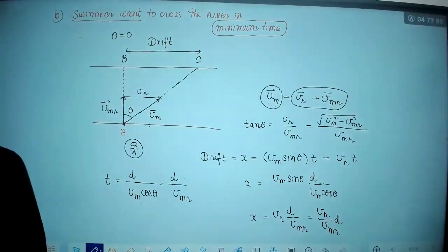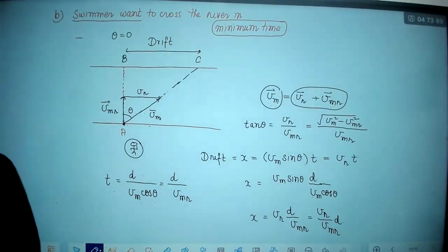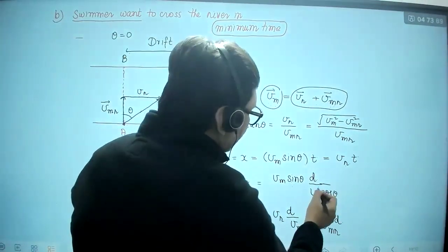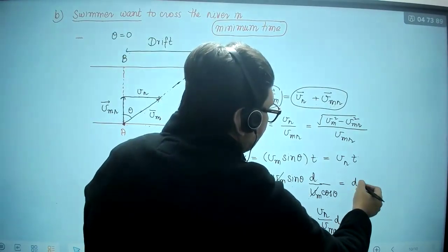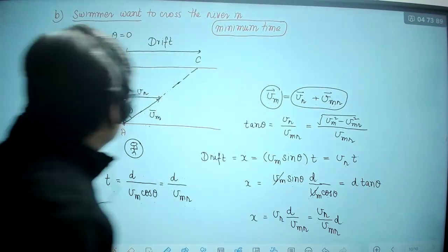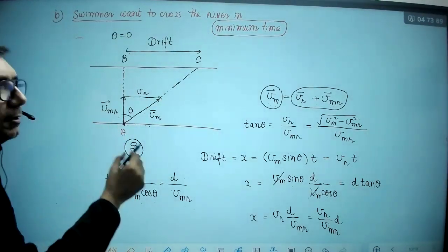This will be the drift. From here you can also find out this: Vm will cancel out and this will be d tan theta. And tan theta, if you look here, will be Vr upon Vmr.